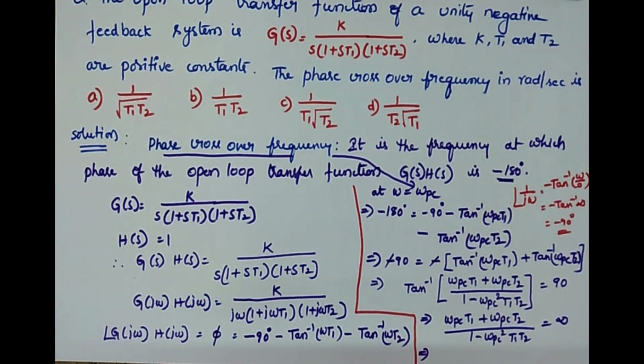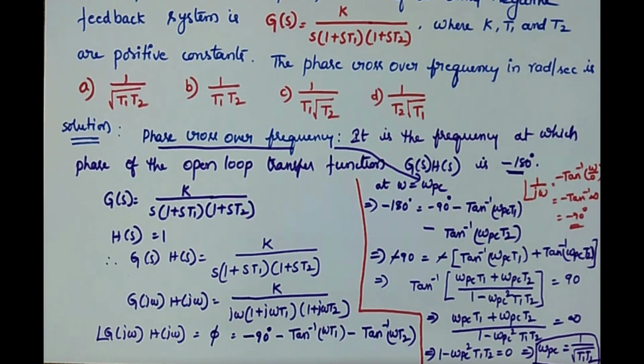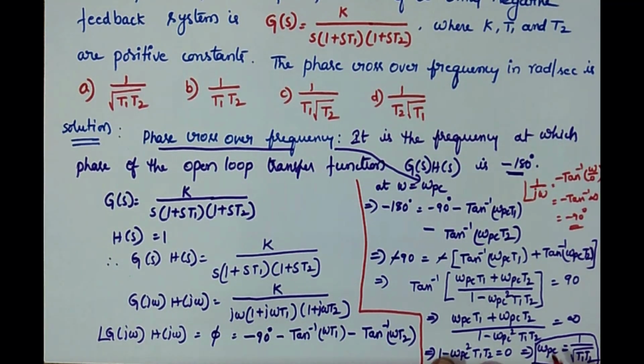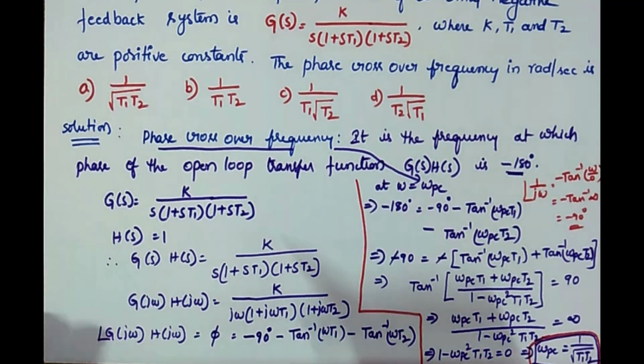So 1 − ω_pc² T1 T2 = 0, which implies ω_pc = 1 / √(T1 T2). Okay, so this is your answer: ω_pc = 1 / √(T1 T2). So what is the option here? The option is A.